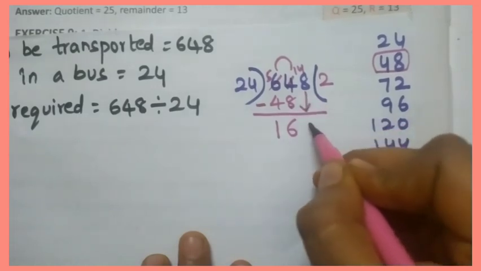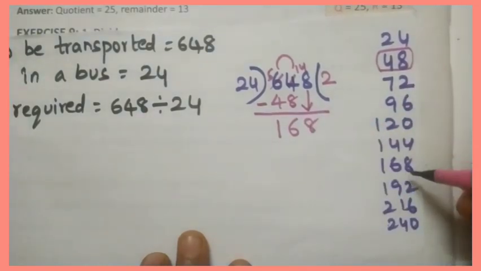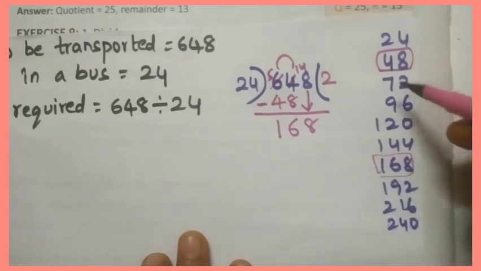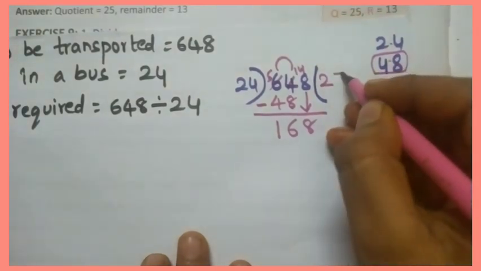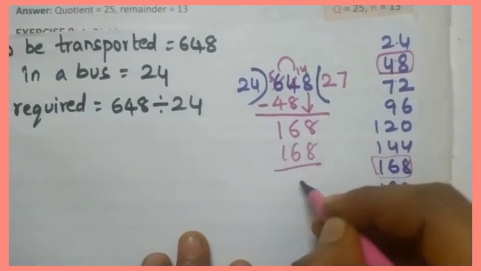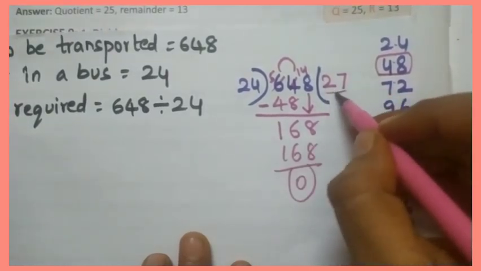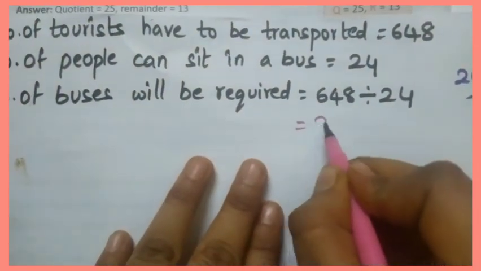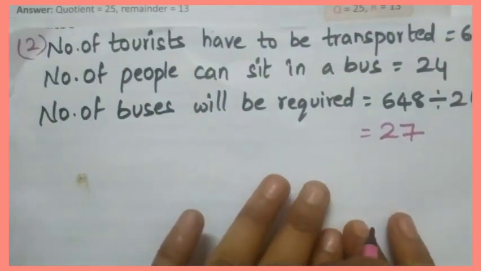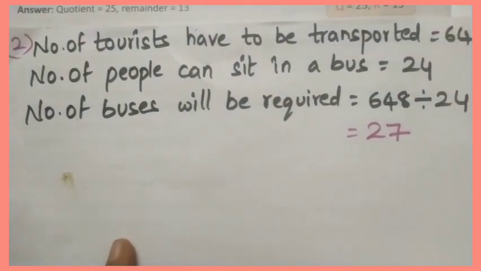And now we'll take this 8 here. In this table we'll get 168. Yes. When we count 1, 2, 3, 4, 5, 6, 7, 24 sevens are 168. So this 27 is the answer. How many buses are required here? 27. This is the second answer.